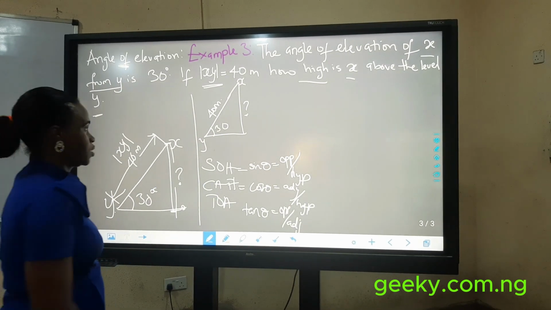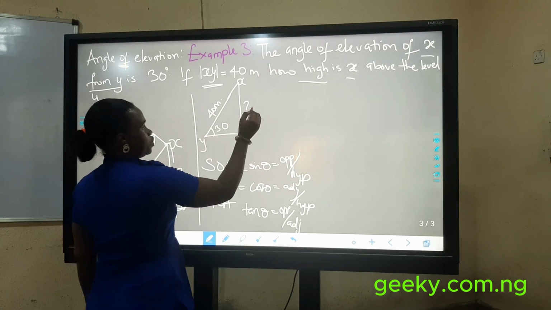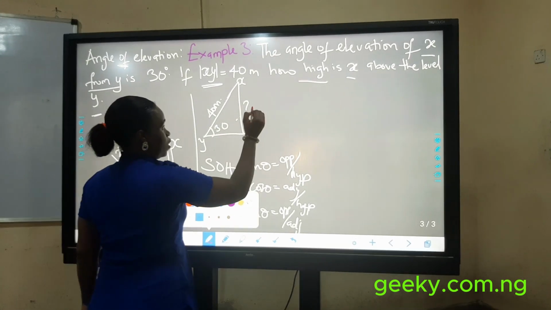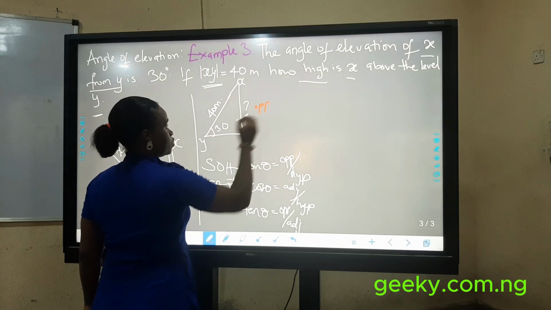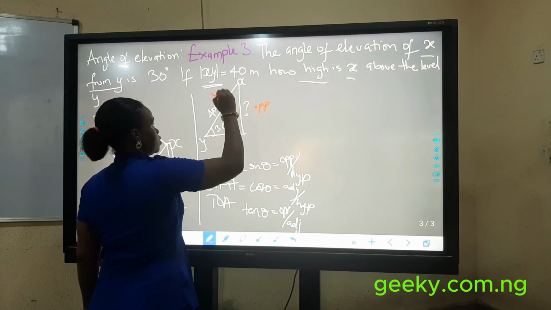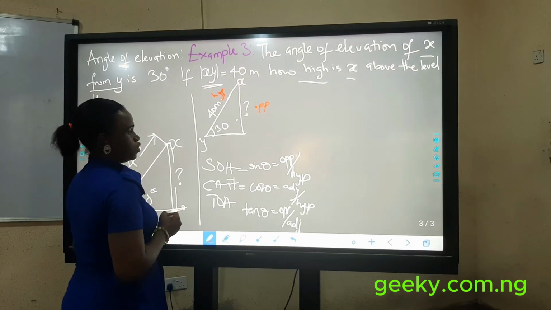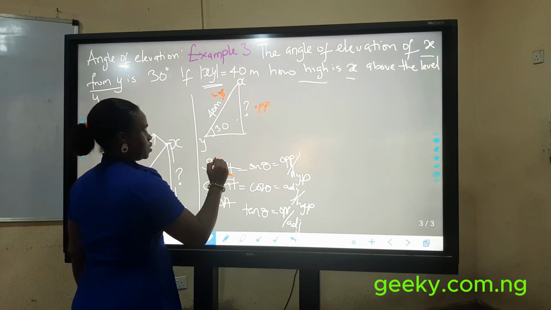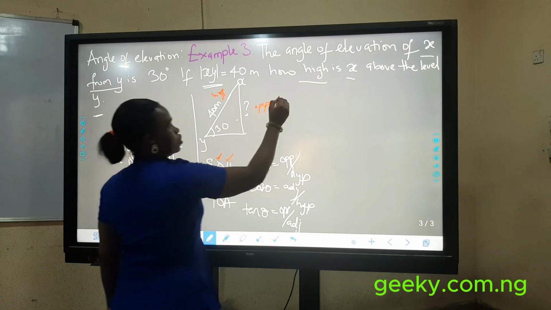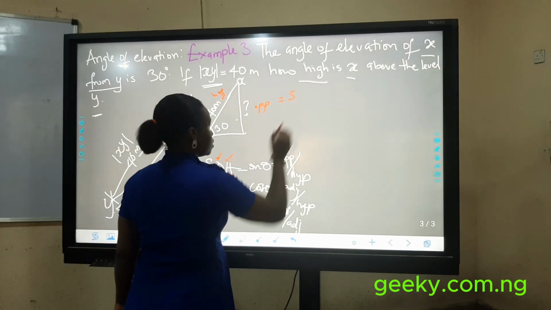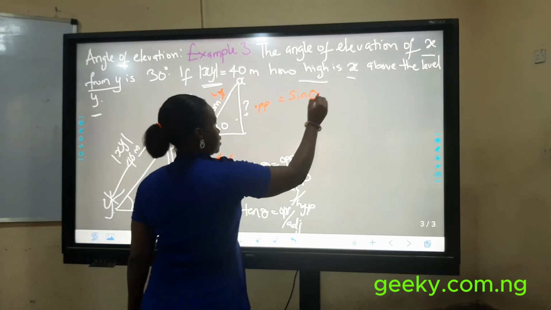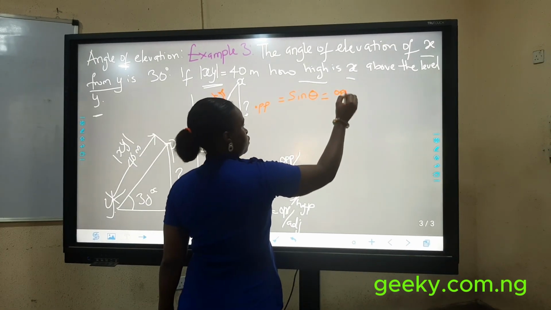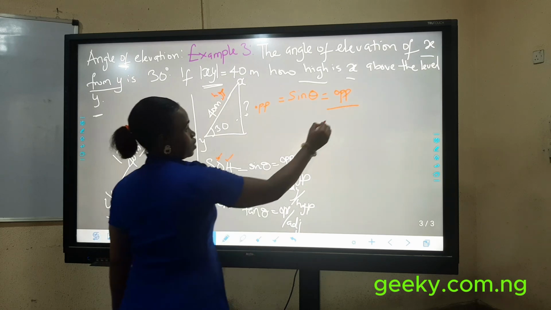So which of them works? We're looking for here, and this is our opposite. We have our hypotenuse. So what works for us, opposite and hypotenuse, is sine. So sine theta equals our opposite, what we're looking for, all over 40.